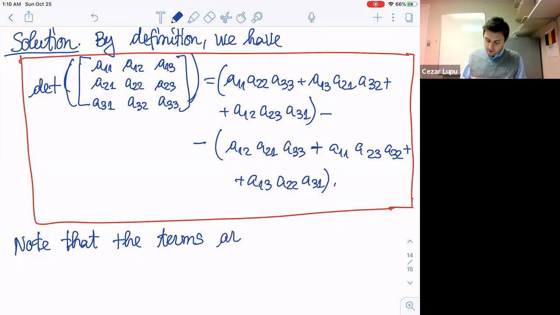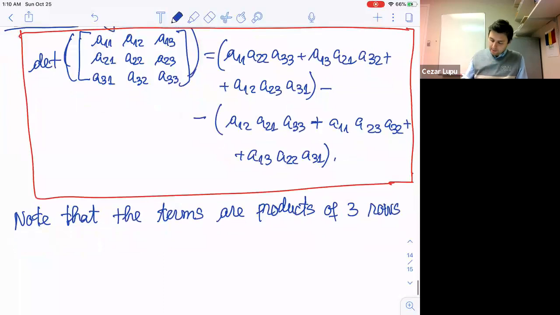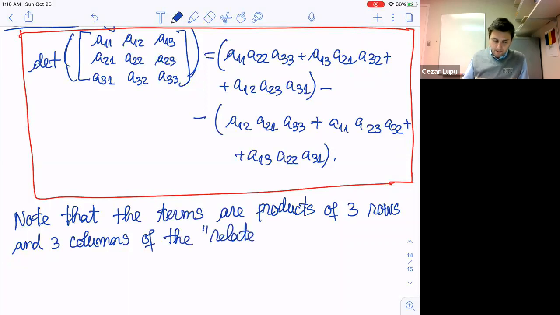So these terms are products of 3 rows and 3 columns of the related matrix.